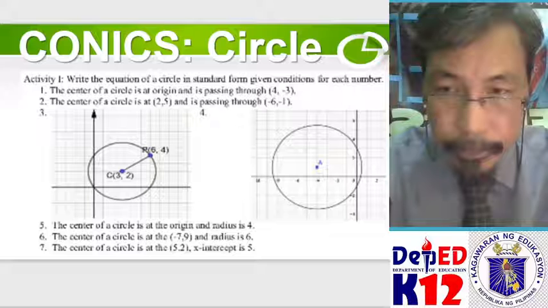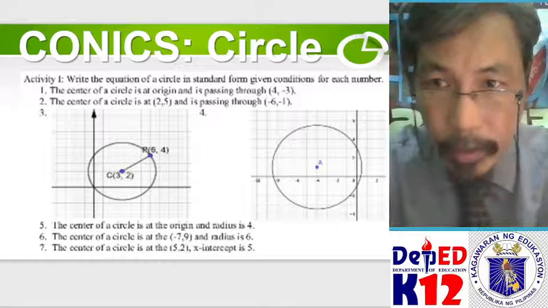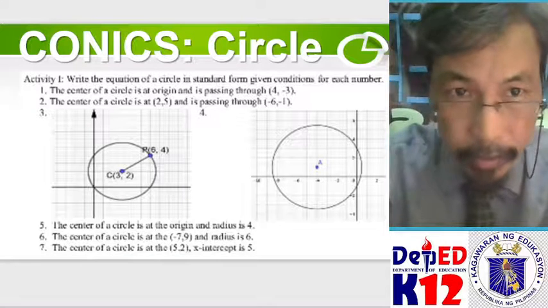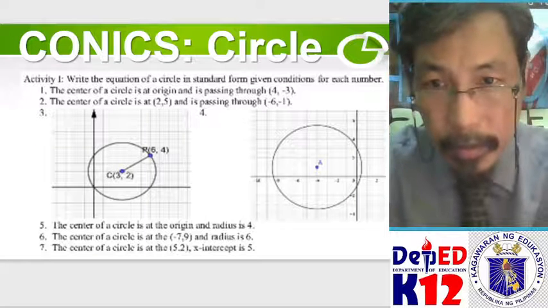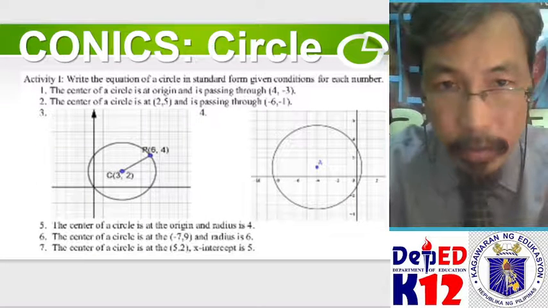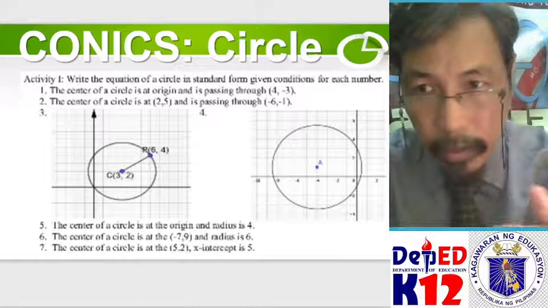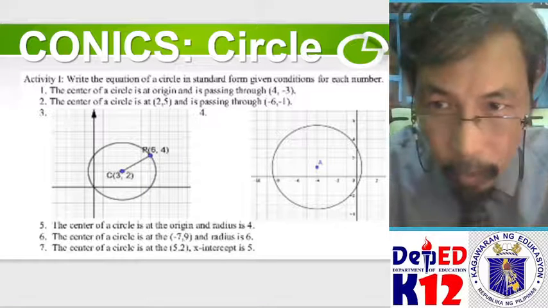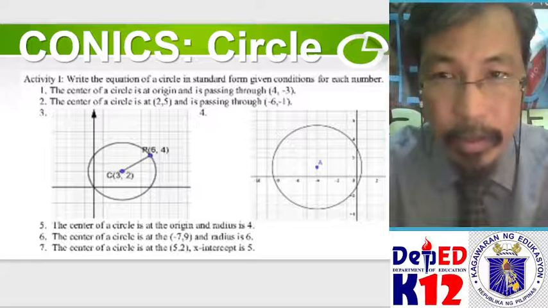In this video, we will first explain the CONICS, which is circle. There are 4 types of CONICS, and one of the very important ones is circle. So let us start with the circle. In this activity, we write the equation of a circle in standard form given the following conditions for each and every number.